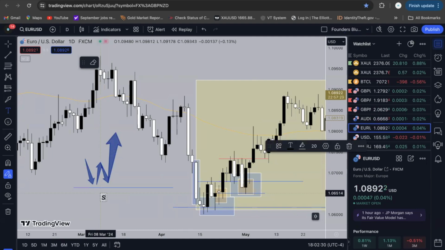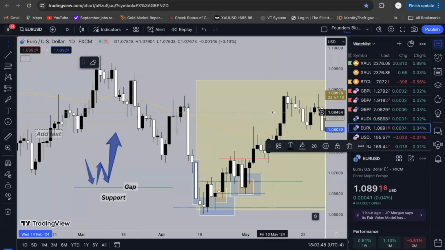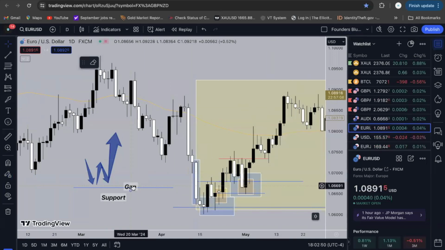This would be considered support, and this is a gap. It's considered a gap because price never came back and touched this level. You see that gap?